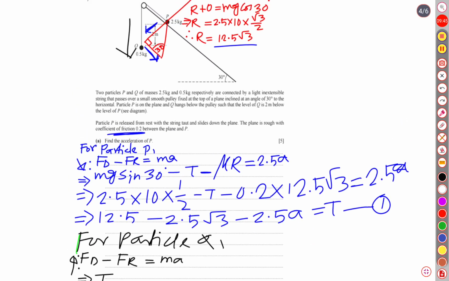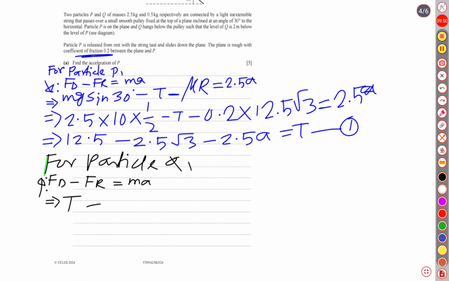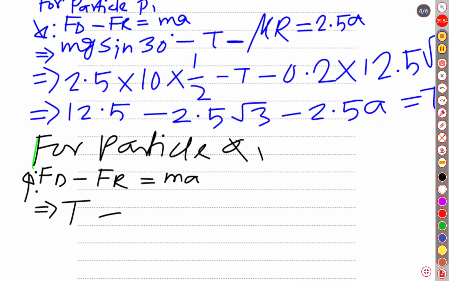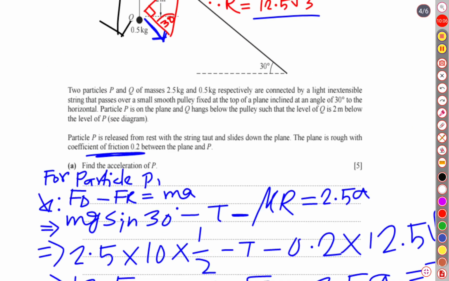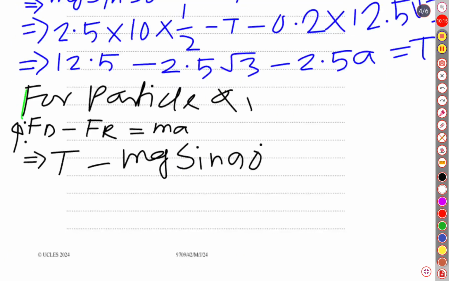So what is the weight? We know weight is mg sine 90 degree, because you know the particle is hanging vertically, isn't it? So here the angle will be 90 degree. If this one is 30 degree, this must be 90 degree. Equal to right side. Our right side is mass into acceleration.